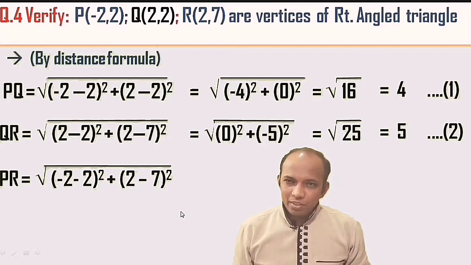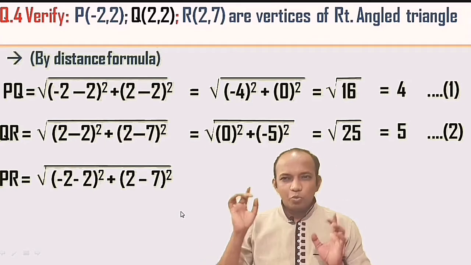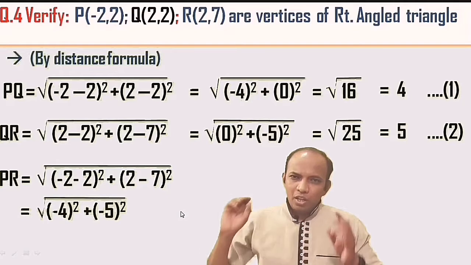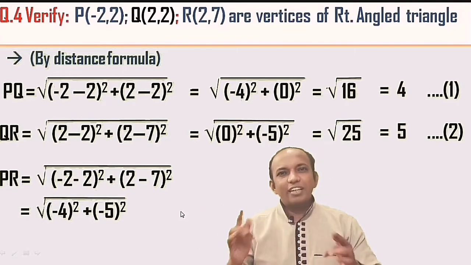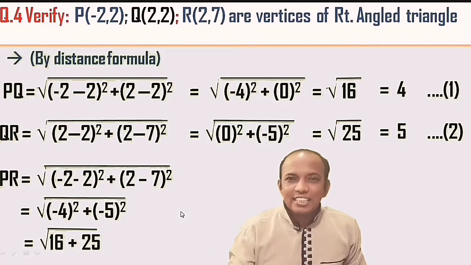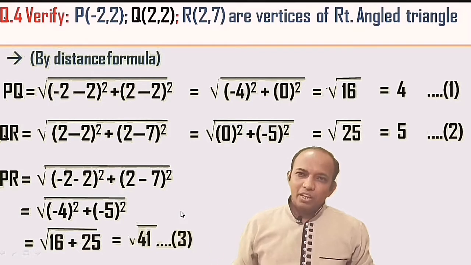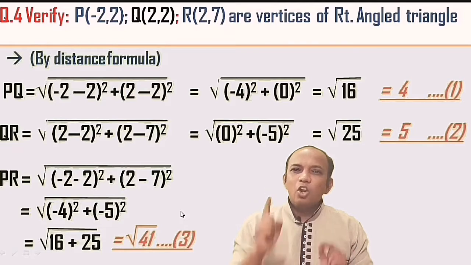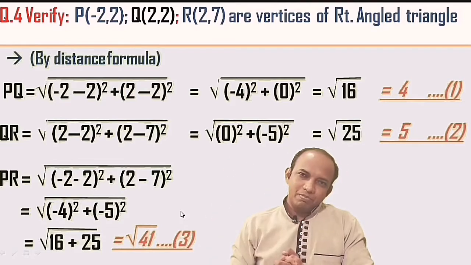Now we have to find side PR, again by using the distance formula. Input the values properly. After carrying out the operation, we get -4 the whole square plus -5 the whole square. After squaring, we get the numbers in positive, that is under root 16 plus 25, and that results in square root of 41. And now check 1, 2, 3. What do you think, which is the longer side by those values?